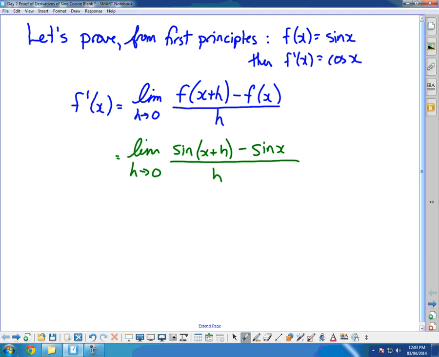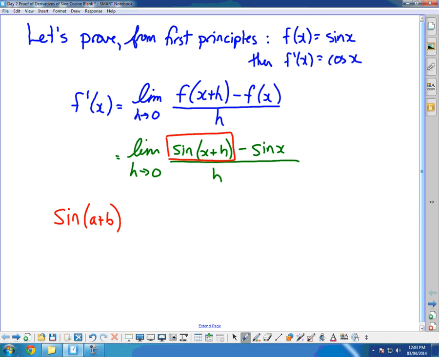So we're going to use a lot of the stuff we remember from last course. What we have right here is the sine of an x plus h. Well, if you think back, and this you don't need to write, you can write it off to the side, if you think back to last semester, we had a compound angle formula, which was a connection of two other angles, sine a plus b.